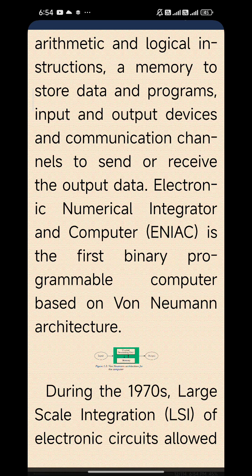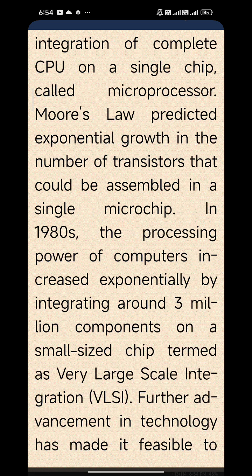During the 1970s, large-scale integration (LSI) of electronic circuits allowed integration of a complete CPU on a single chip called a microprocessor. Moore's law predicted exponential growth in the number of transistors that could be assembled in a single microchip.